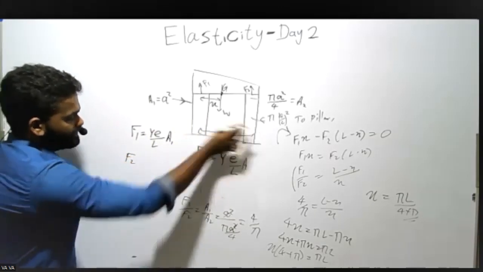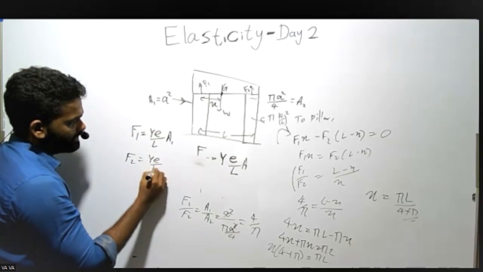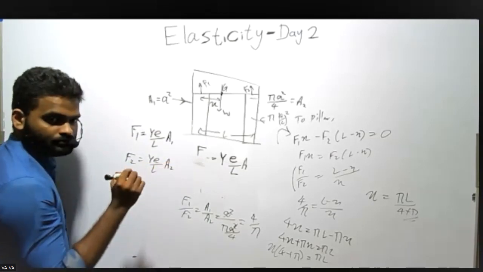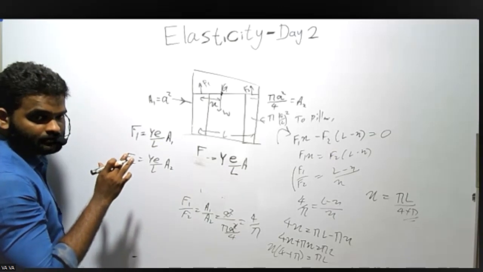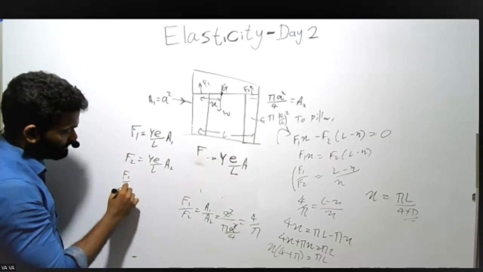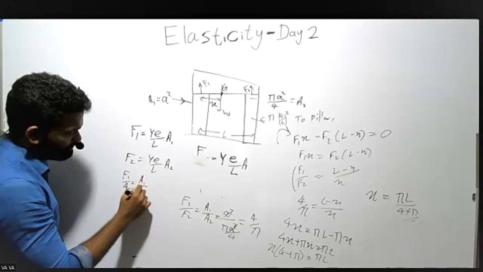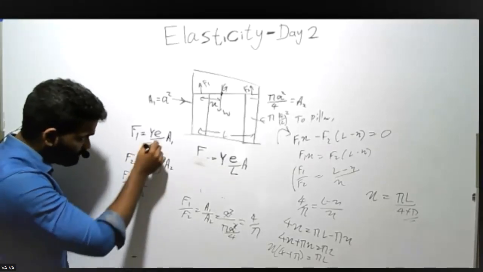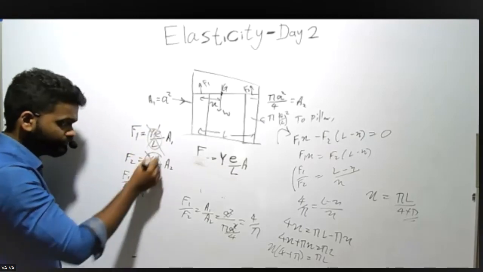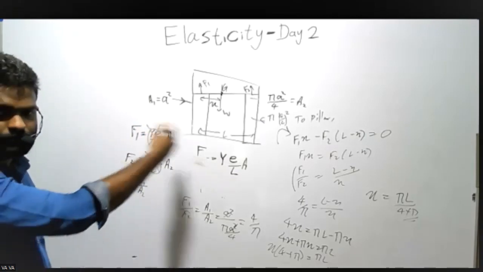Then for the other pillar you write Y E over L times A2. When you divide it, what happens? The division is equal to A1 divided by A2, because all these terms cancel off, because they are the same for both pillars.